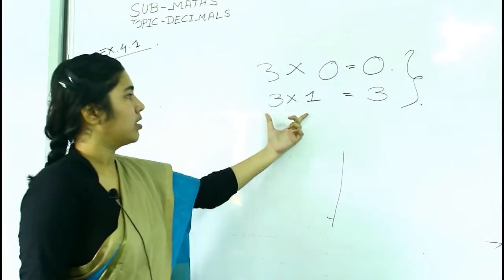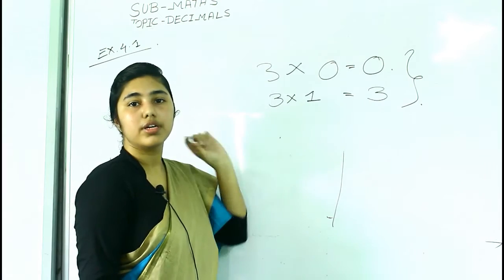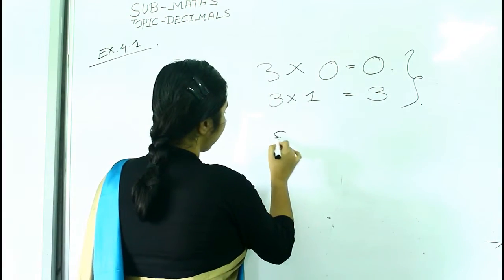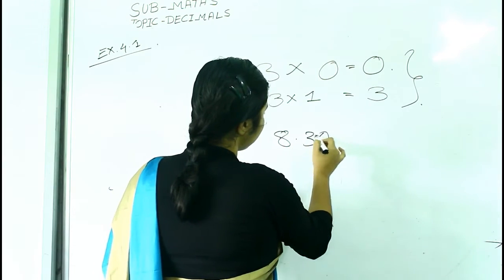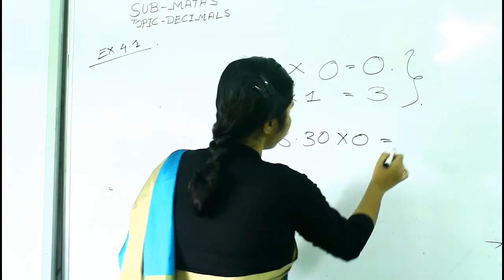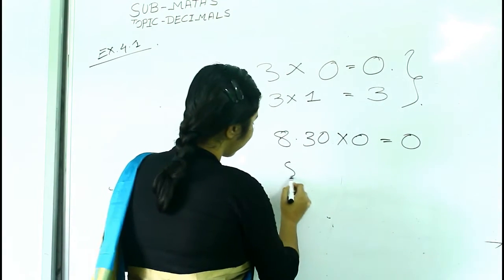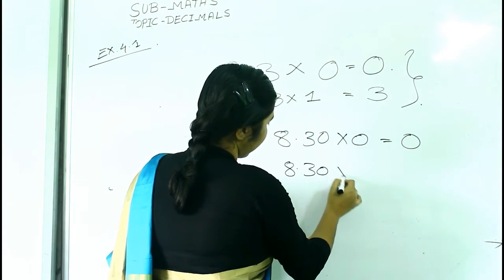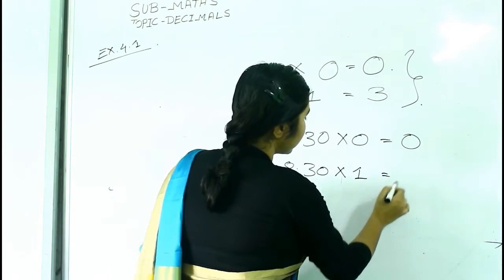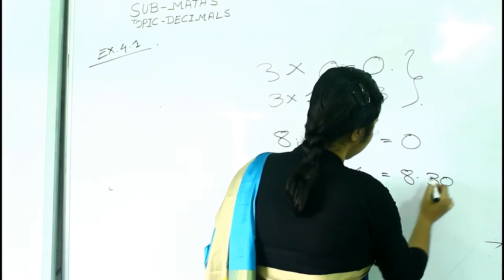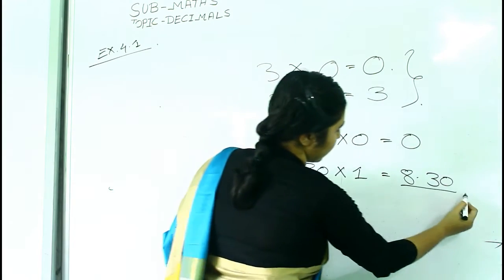So this is the same for decimal numbers also. If we multiply any decimal number with 0, we will get 0. Okay? And if we multiply any decimal number with 1, again we will get the same number, the number itself.